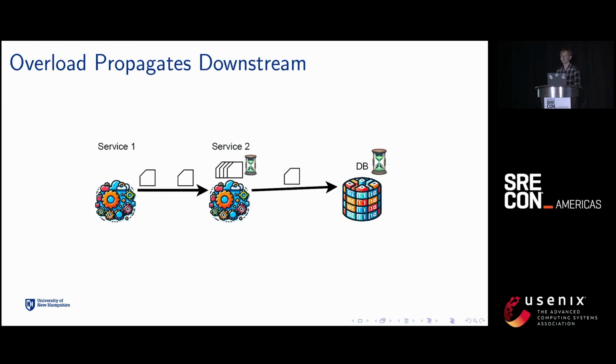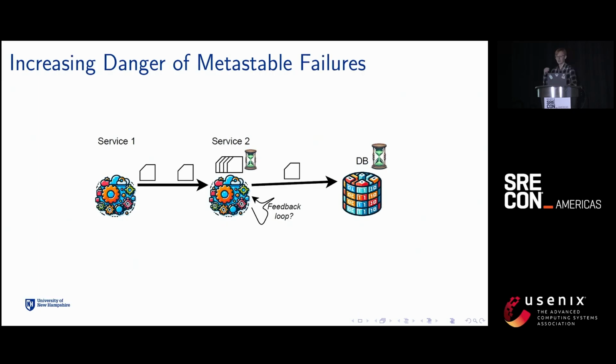Maybe that one will start to time out as well. It may also start to have some feedback loops of its own, right? So it may start doing retries against the database that's overloaded. It may have the garbage collection loop that I talked about. So multiple mechanisms, multiple amplification loops can get activated once we get to this situation.